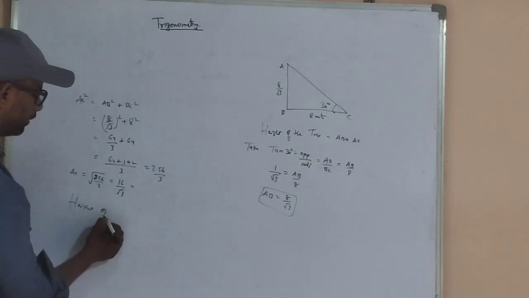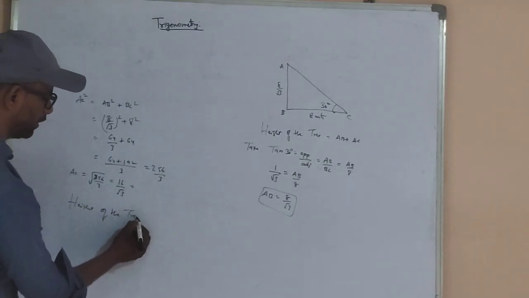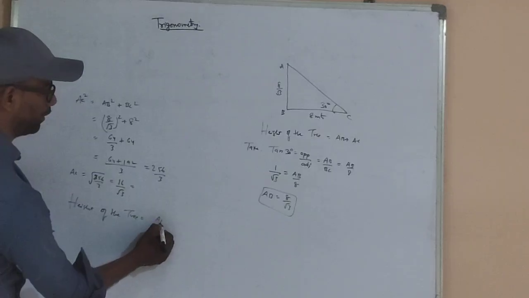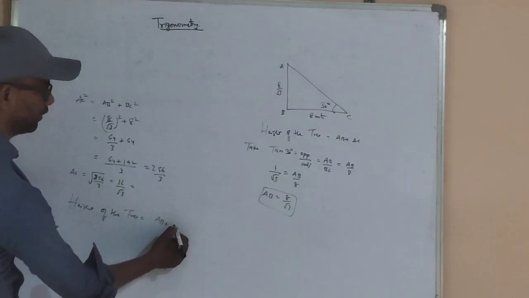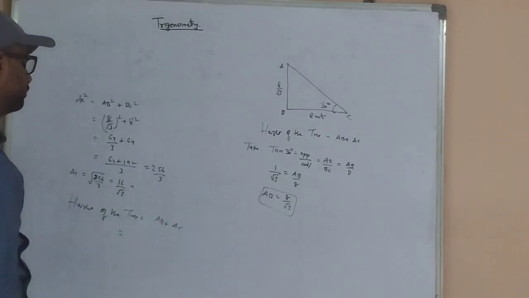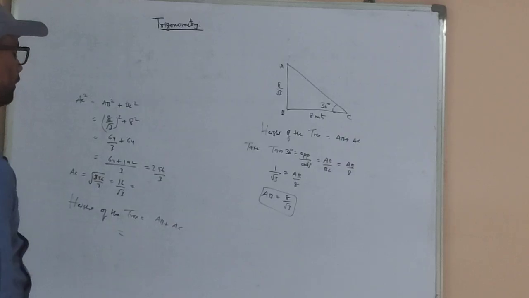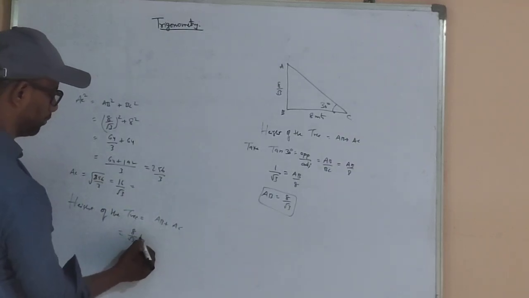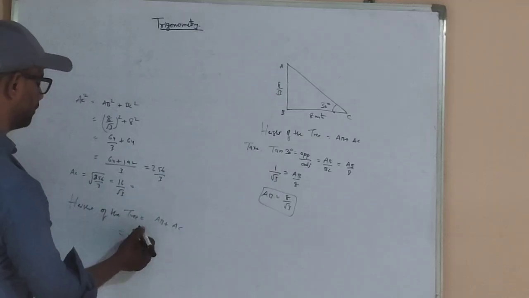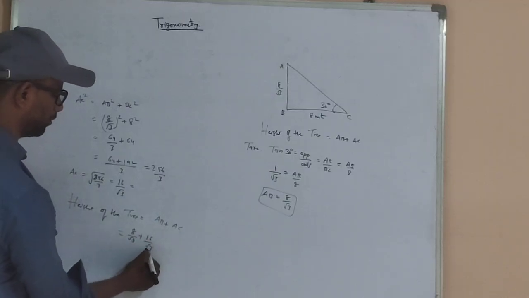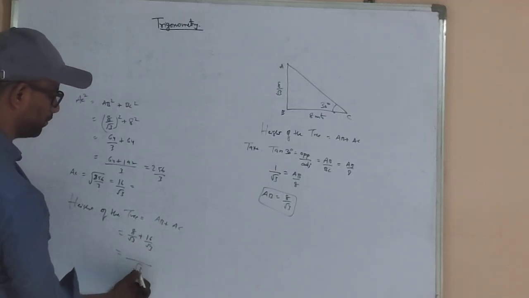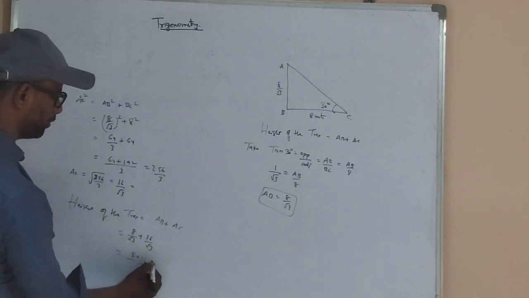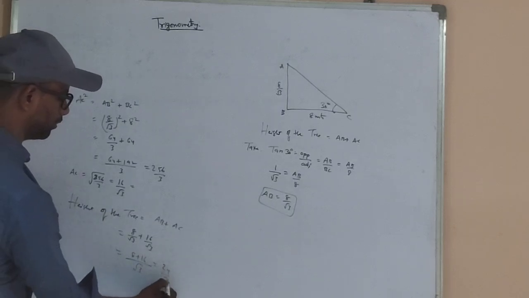So height of the tree is equal to AB plus AC. AB means how much here? 8 by root 3 plus AC means how much? 16 by root 3. I am doing addition. Root 3 is the LCM. 8 plus 16 means 24 by root 3.